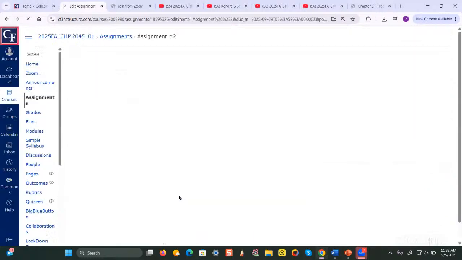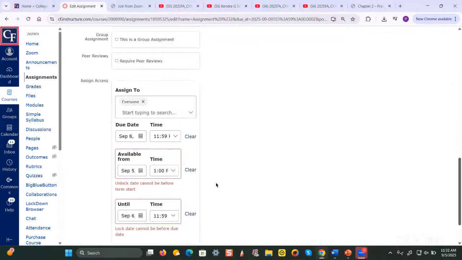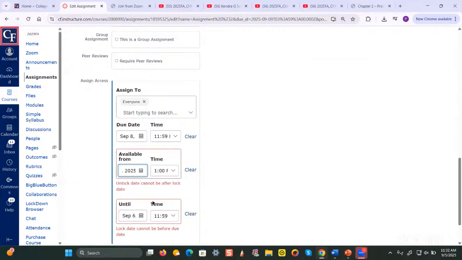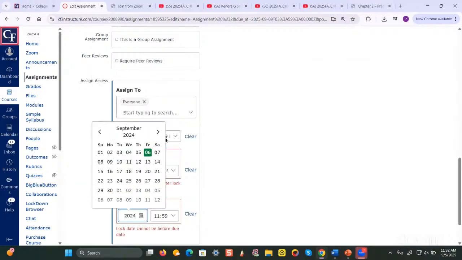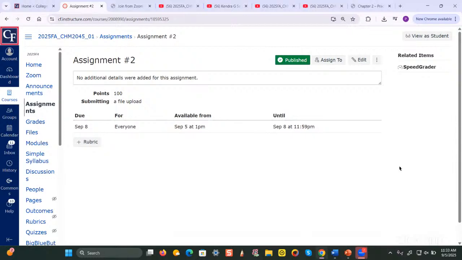So let me set these dates. Okay, so now you are able to upload it into Canvas. So that's when it's due.